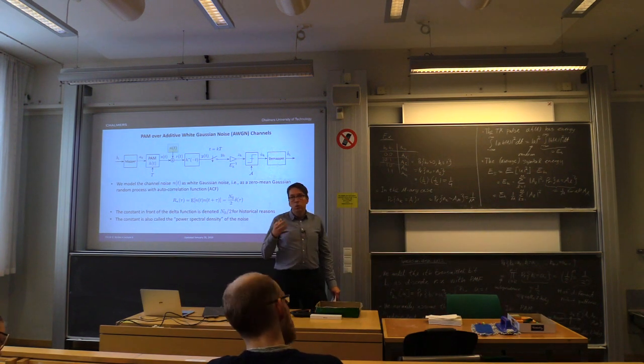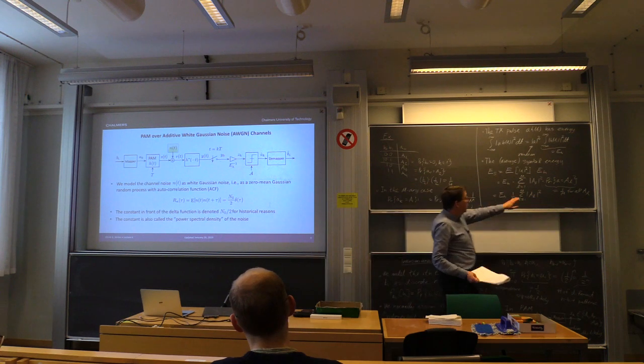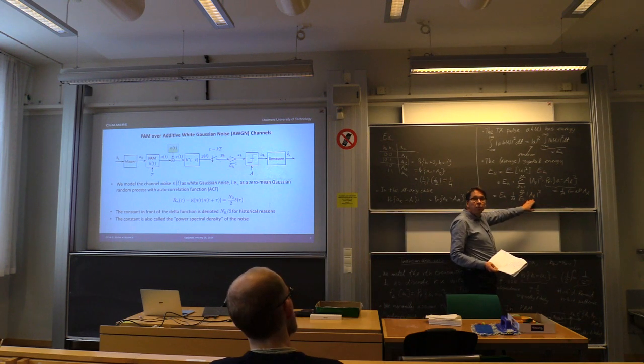Essentially, if I know the symbols, the values capital A1 to capital AM, then I can easily calculate this. It's only a function of the symbol alphabet and nothing else.